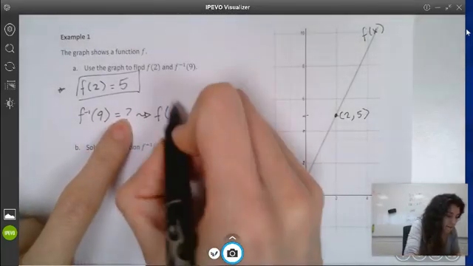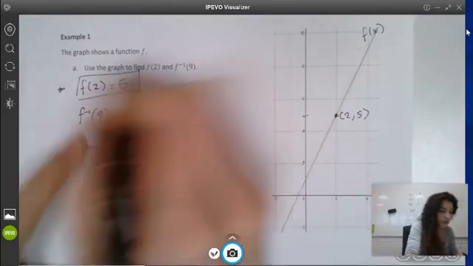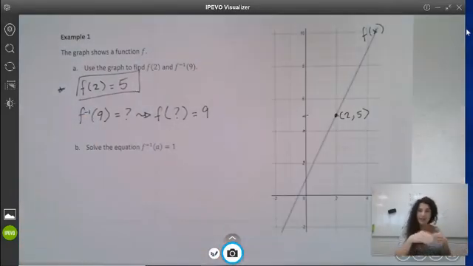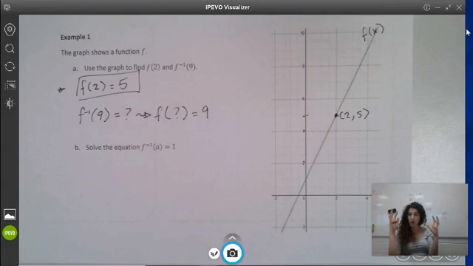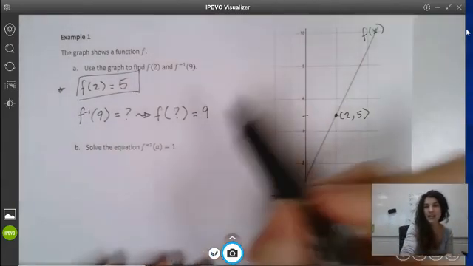That means that it would be f of question mark equals 9, right? If we're talking about the inverse, then we would just switch those out. That's all an inverse is, just flipping your inputs and outputs. It's just a flip every single time, okay?